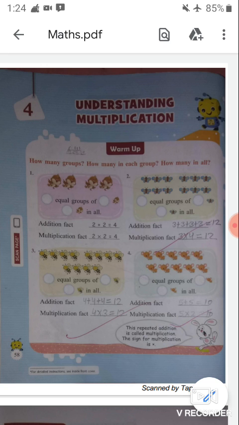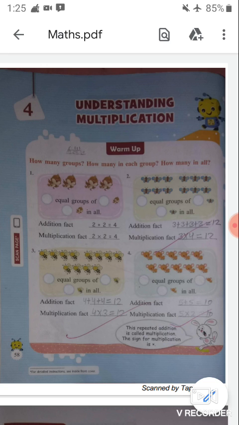So, my dear students, today I am here again with a revision of chapter number 4, Understanding Multiplication. In this unit we are going to discuss multiplication. In our previous video, we had studied the topics addition and subtraction. Now we are going to practice multiplication.